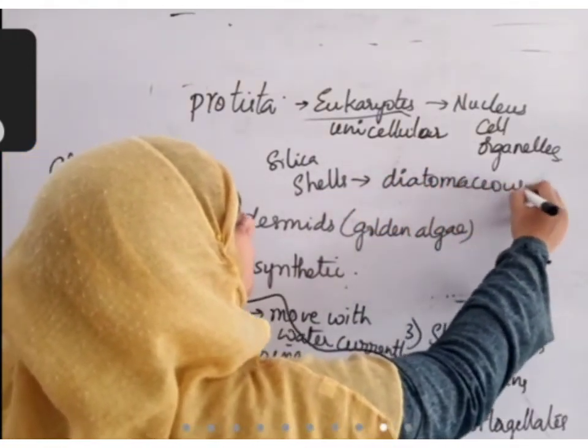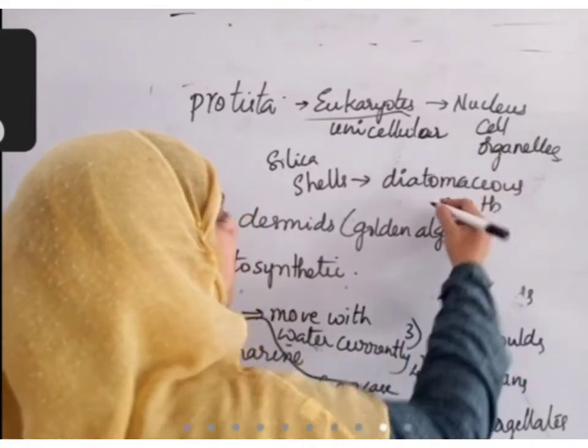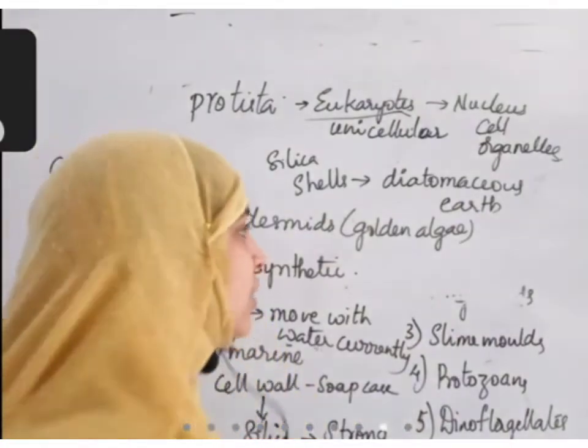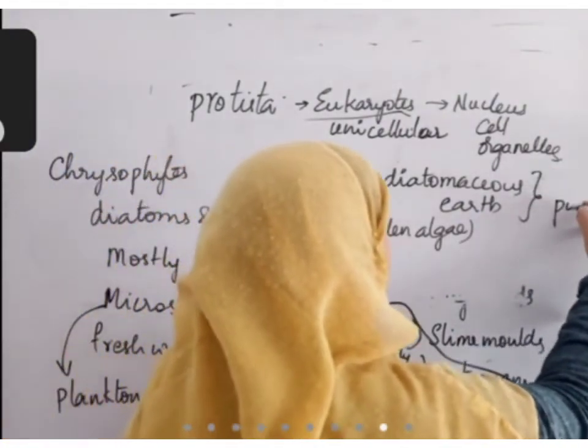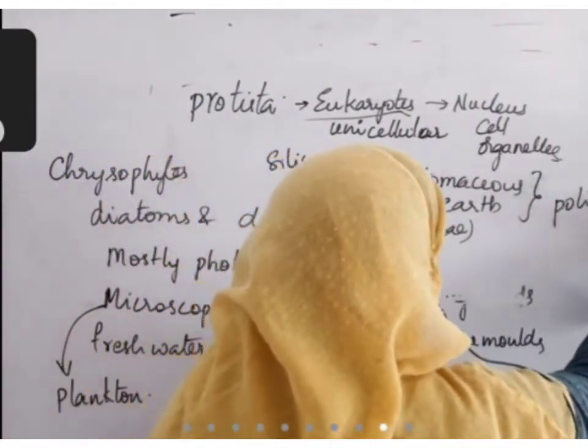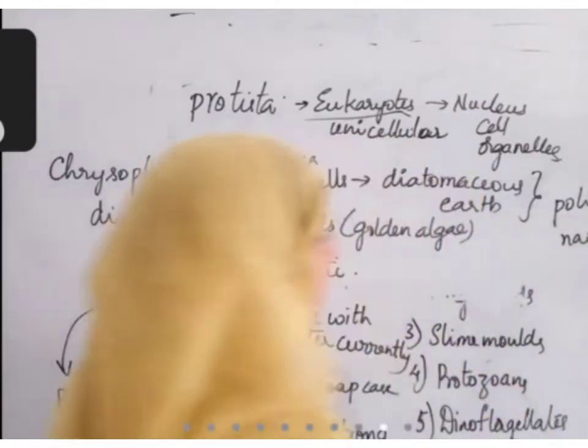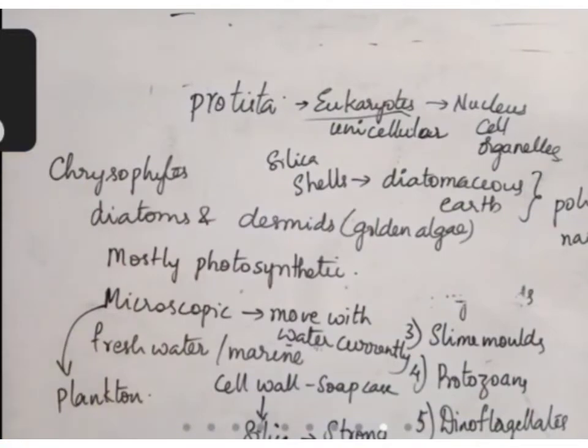They are called diatomaceous earth. All silica shells are present, white colored, it looks very nice and shiny, and is used for polishing, nail polish making, etc. They are very nice to see.